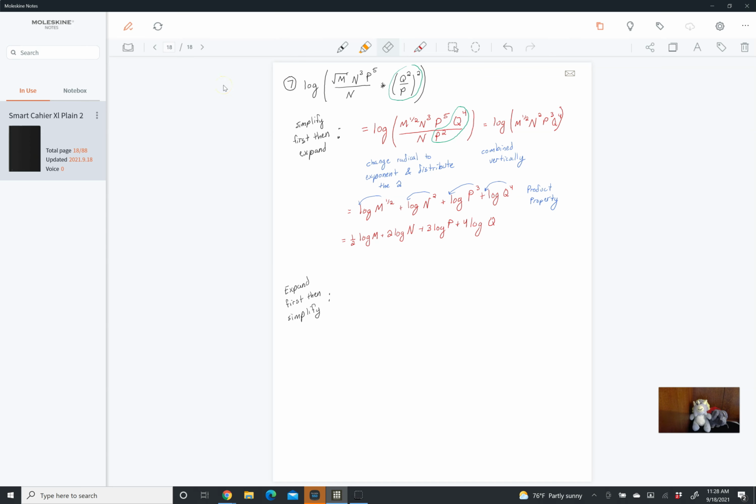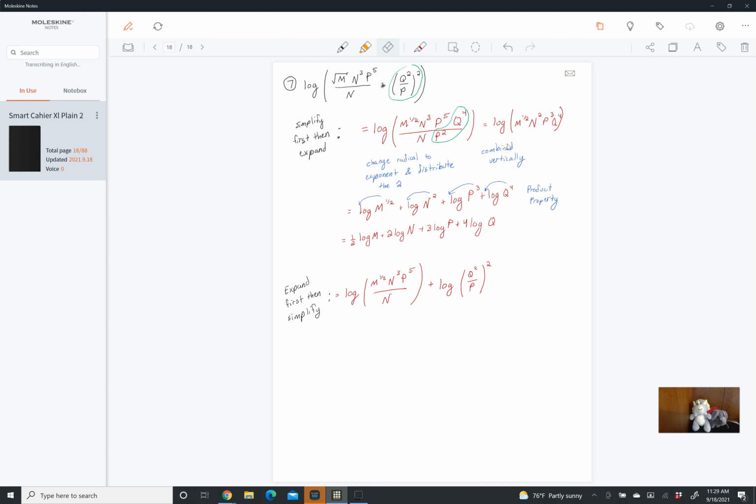We're going to expand this expression, and let's get rid of the radicals simultaneously, because that's a pretty simple thing to do. So we have log of m to the 1/2 n cubed p to the 5th over n plus, and then we're multiplying by this. So we're going to take the log of this expression, q squared over p squared.